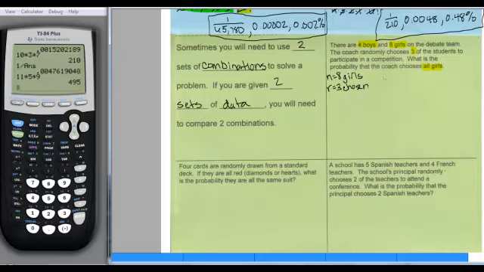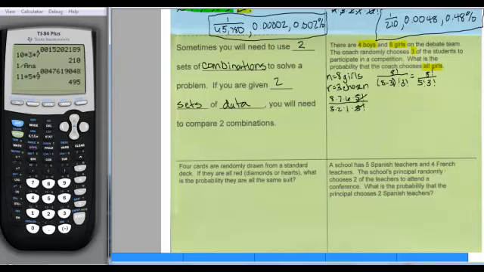So it'll be 8 minus 3 factorial, 3 factorial, 8 factorial on top. So 5 factorial, 3 factorial with 8 factorial on top. So that's 8 times 7 times 6 times 5 factorial, and 3 times 2 times 1 times 5 factorial.